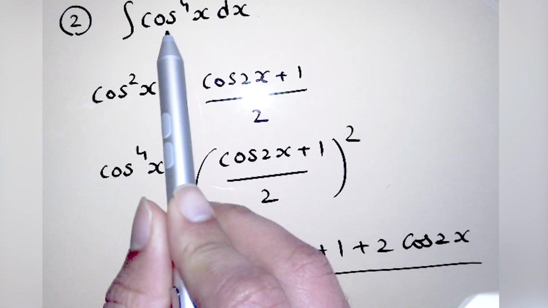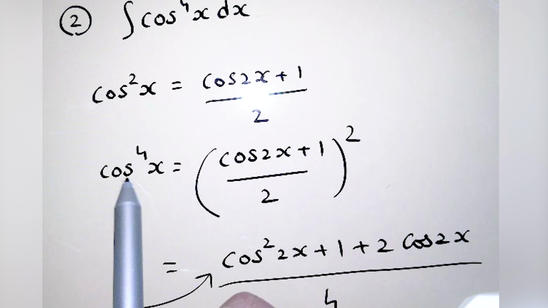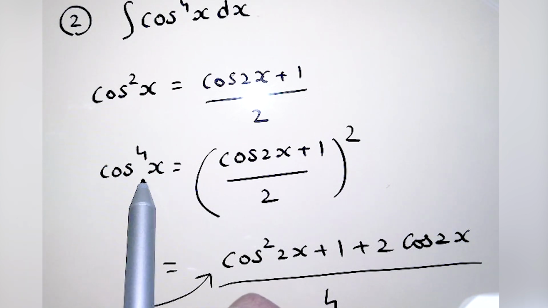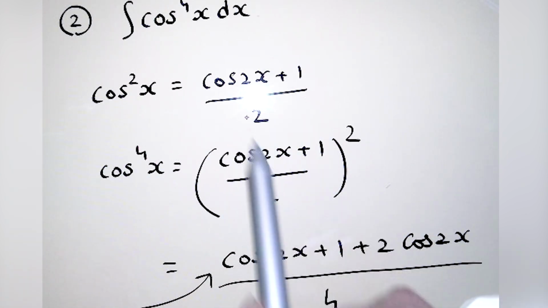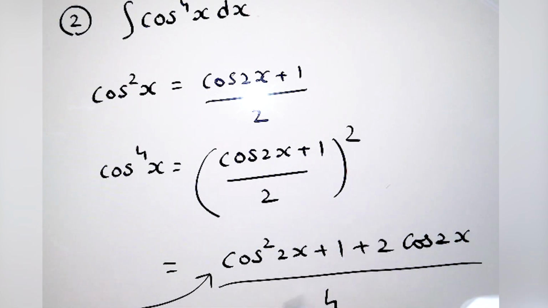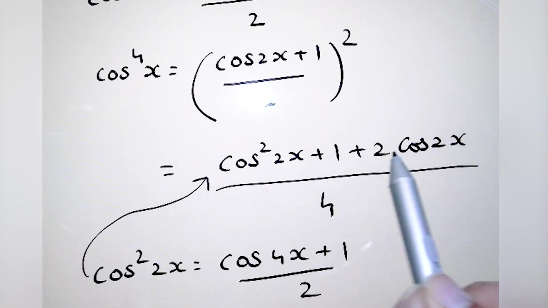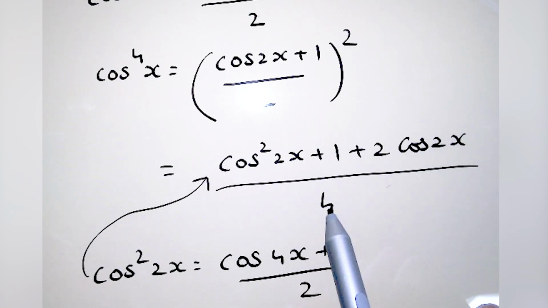So my integrand is cos to the power of 4x. So I need to square my left hand side. So cos square x whole square will give me cos to the power of 4x. So I need to square this one: cos 2x plus 1 by 2 whole square. That will become cos square 2x plus 1 plus 2 cos 2x divided by 4.